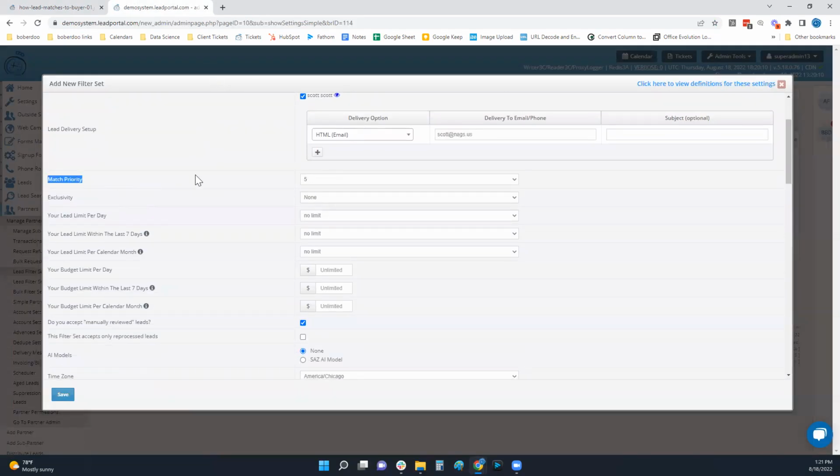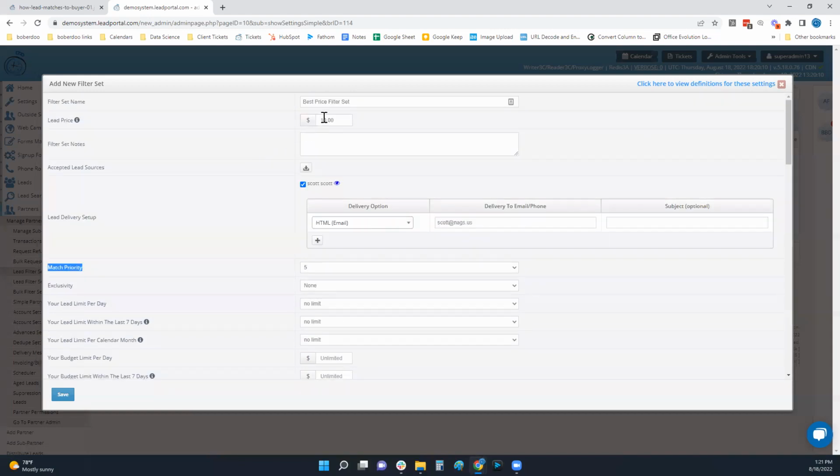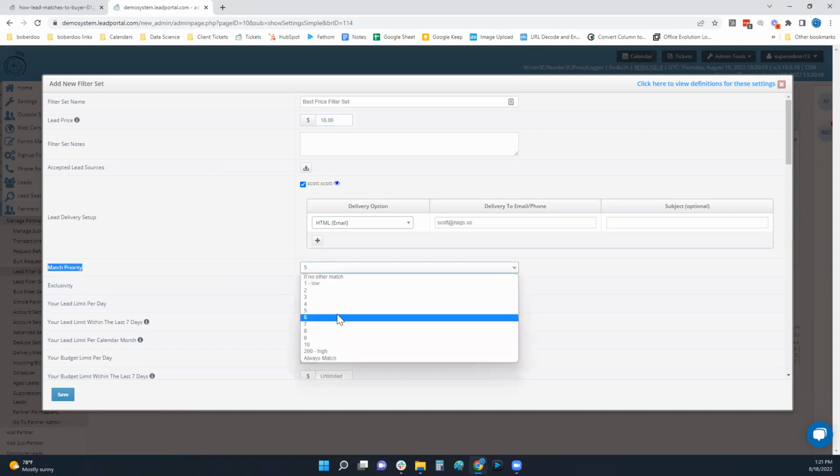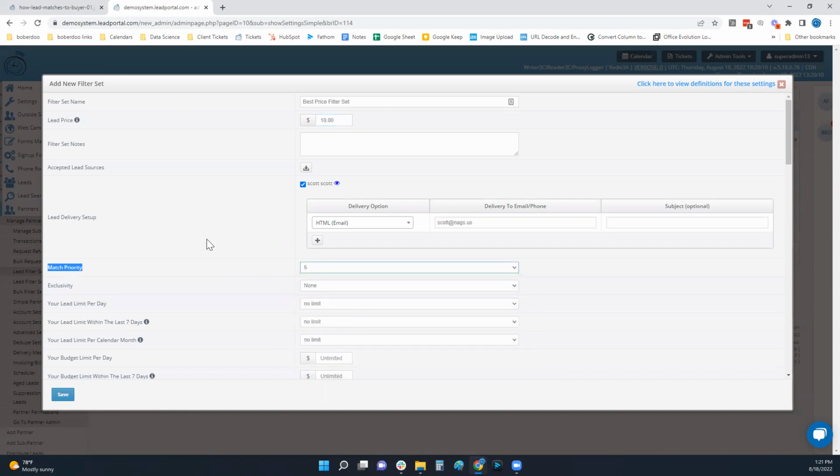You will also notice there is the priority setting here that is used in conjunction with best price. So for clients that sell to a lot of retail partners that typically have consistent pricing, hey, all my leads are $10. If that is the case, you may have situations where you want to prioritize ties. So, hey, this is a very good lead buyer. They have a low refund rate.